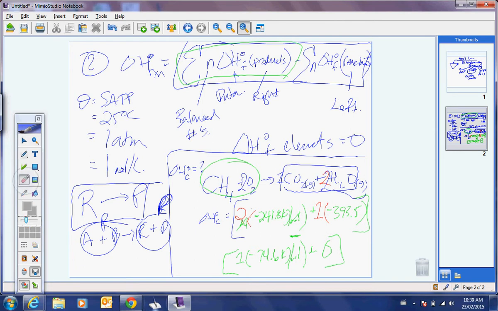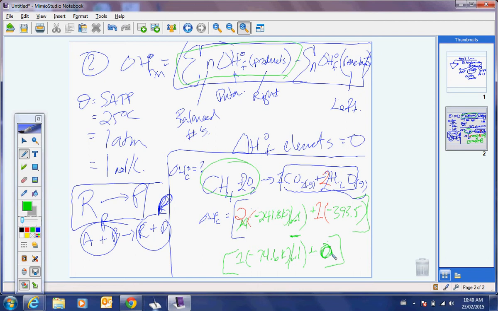Okay. And then tappity tap tap in your calculator, and you find what? The delta H value. Which should be about 1,000 something.